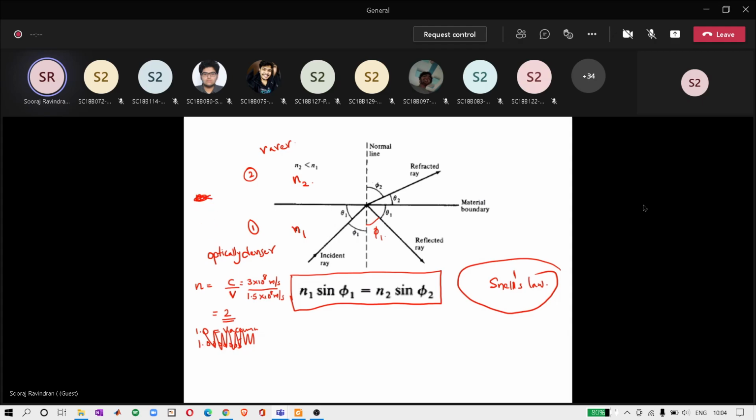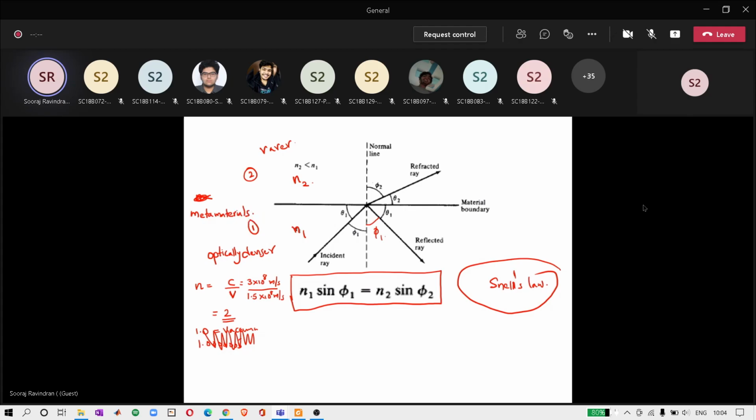Usually all natural materials have a positive refractive index, but you can artificially create certain materials whose refractive index has a negative value. Those kinds of materials are called metamaterials. I don't know whether you have heard about this or not.